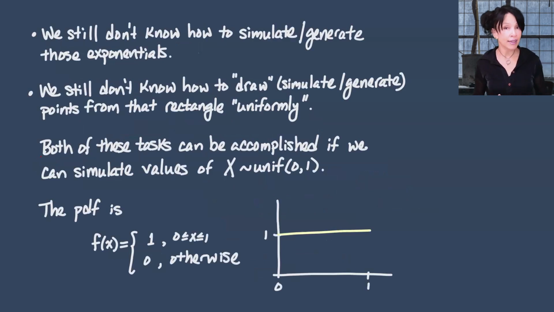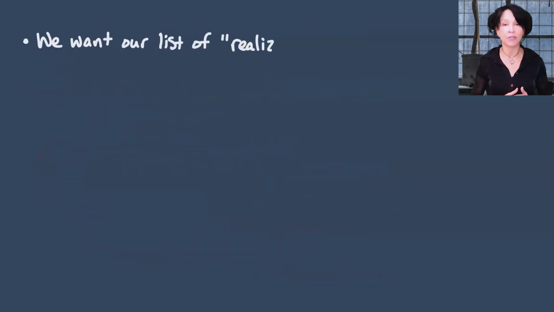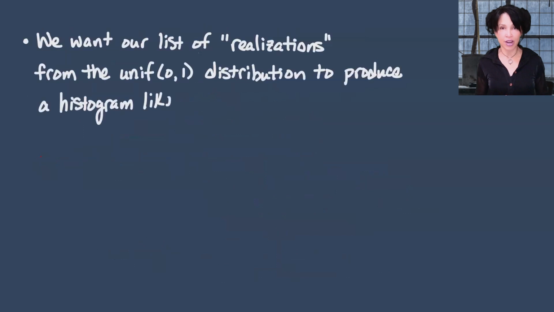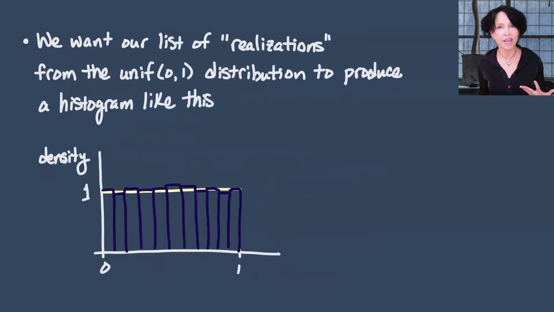And if you had an algorithm that could generate, simulate, sample values, realizations, observations from the uniform 0-1 distribution, then what you should get if you make a histogram and you put density on the y-axis is a histogram that kind of is trying to match that flat line PDF. If you have a small sample, it's not going to look so good.